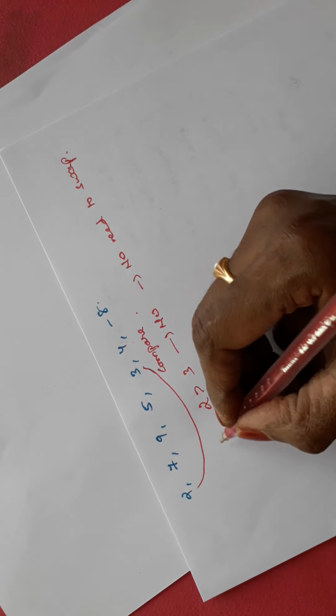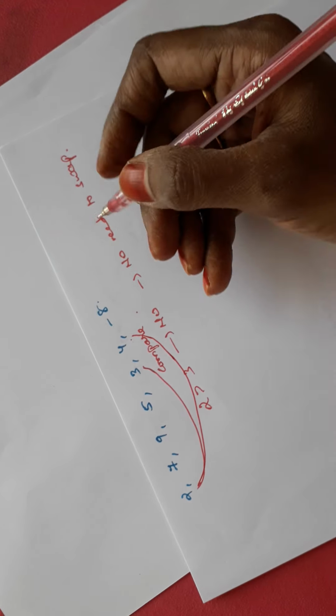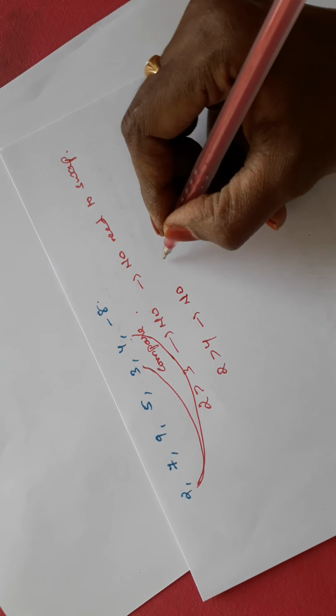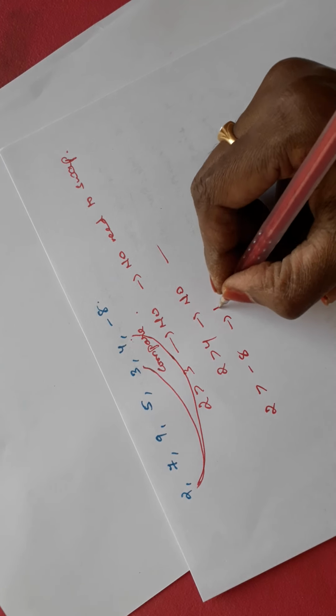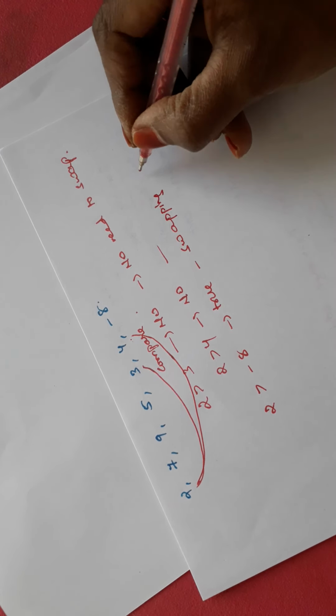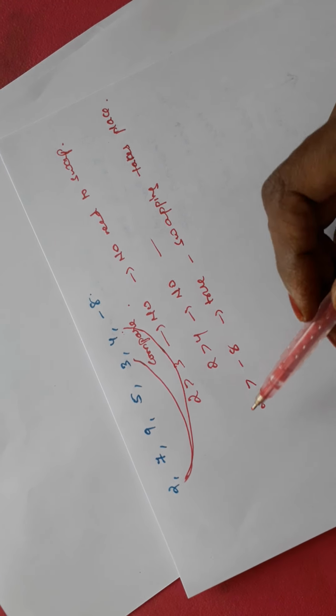Now compare 2 with 4. The condition is false, no need to swap. Now compare 2 with minus 8. The condition is true, so swapping takes place. How does the swapping take place?